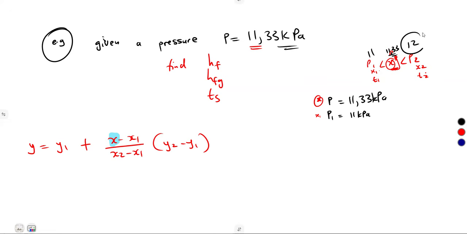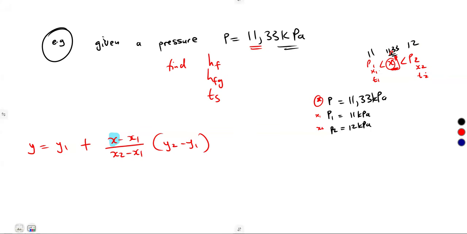And the upper is 12. So that's your P2, which is 12 kilopascal, representing your x2. So you can write the formula in terms of this.